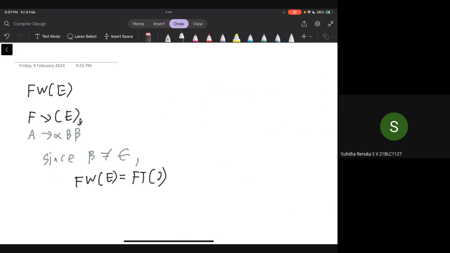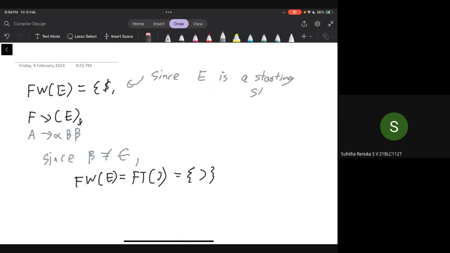First of any terminal symbol is itself, which will be this. And also the follow of E will always have a dollar since E is a starting state.